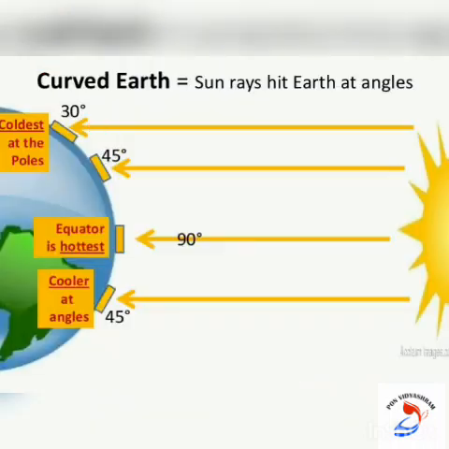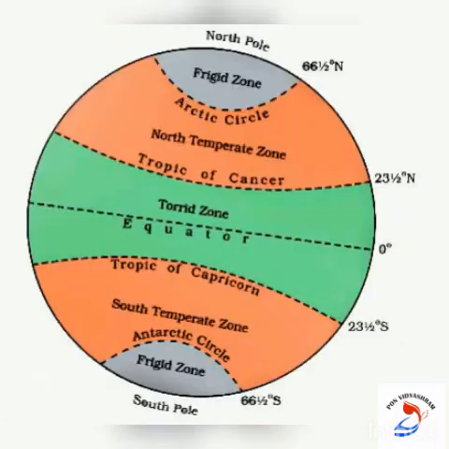It is very cold as these areas receive extreme slanting rays of the sun. Thus, these areas are called frigid zones. The North Frigid Zone lies between the Arctic Circle and the North Pole, which is at 90 degrees. The South Frigid Zone lies between the Antarctic Circle and the South Pole.